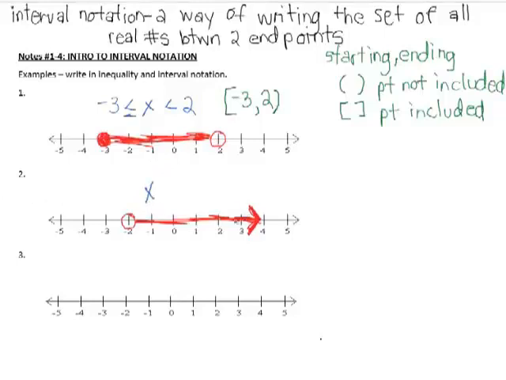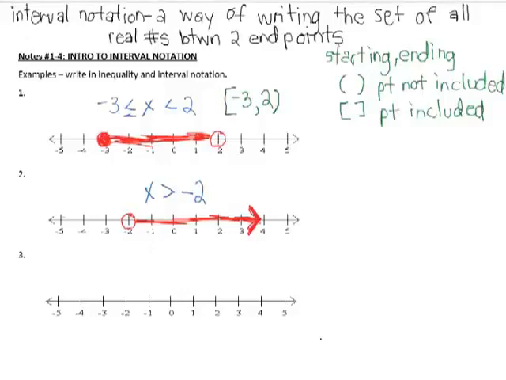Our values that are shaded: looking at this, I see it's getting bigger and bigger, going to keep on going to the right, increasing. So x is everything bigger than what? -2. I don't use any of those values to the left. So x is greater than -2. Now, do I need the or equal to sign underneath? No, because it's an open circle. It's not included, so I'm done.